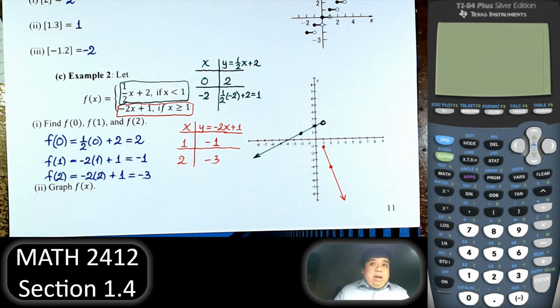Now, can we graph this on the calculator? Well, certainly we can. First we're going to graph 1/2 x, so we can just put 0.5x plus 2. Of course, if we do that, it's not going to work.